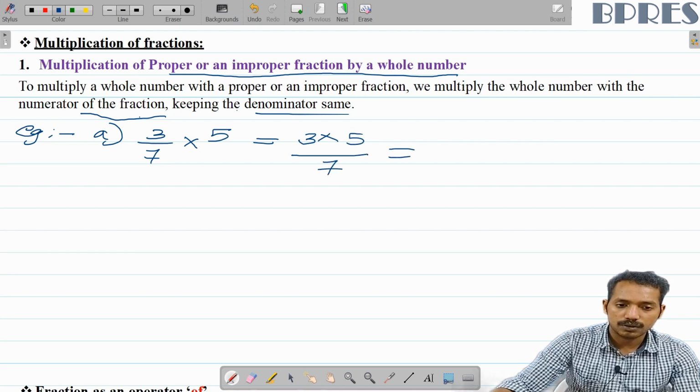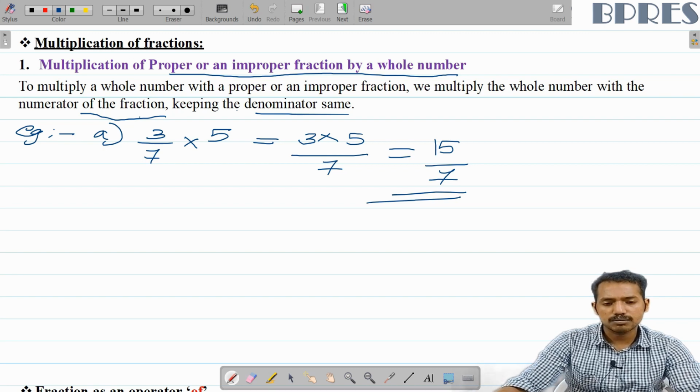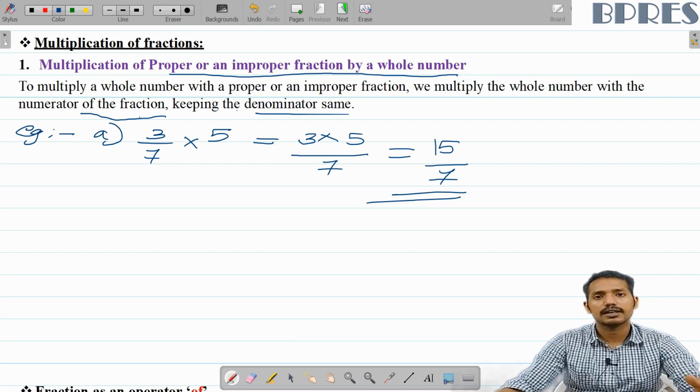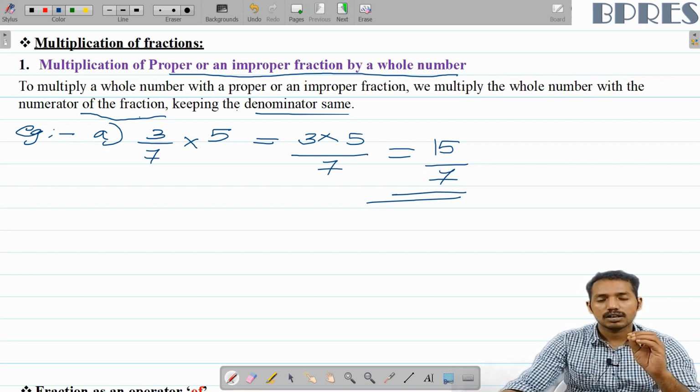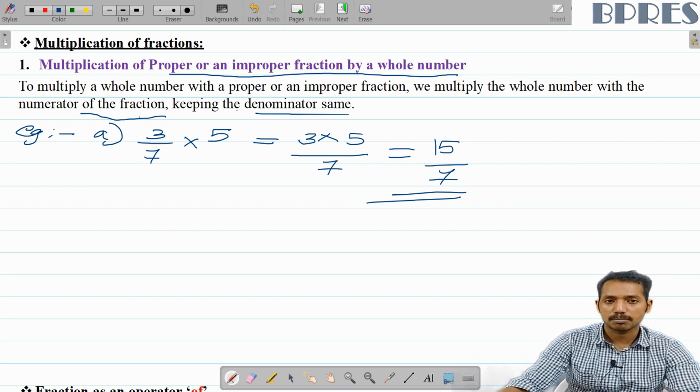We will get 3 into 5 is equal to 15 divided by 7. It's very simple compared to the addition and subtraction. Multiplication is very simple. Just multiply the numerator of the fraction with the whole number. And if it is necessary, then you can also go for converting this improper fraction into a proper mixed fraction.